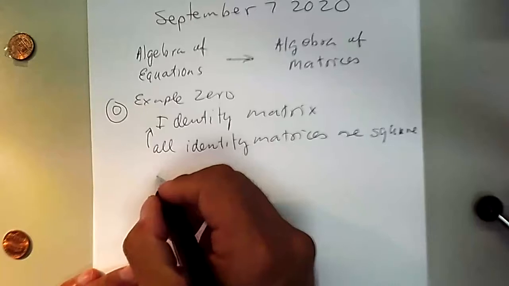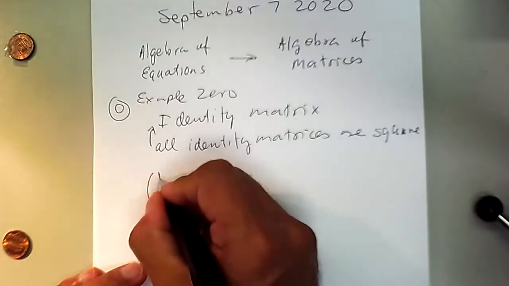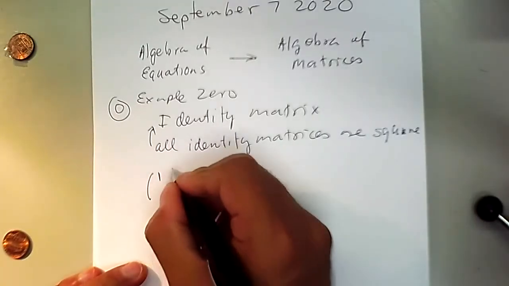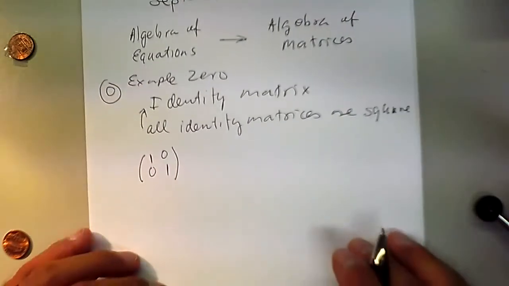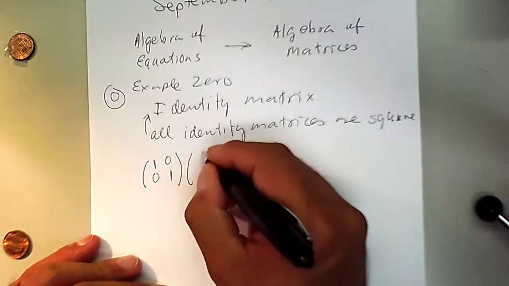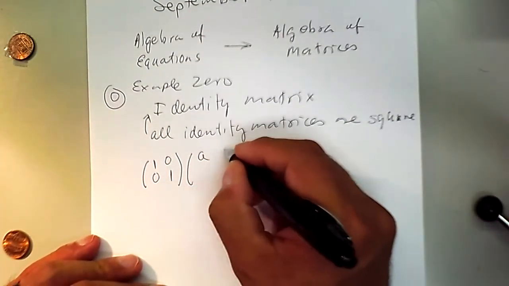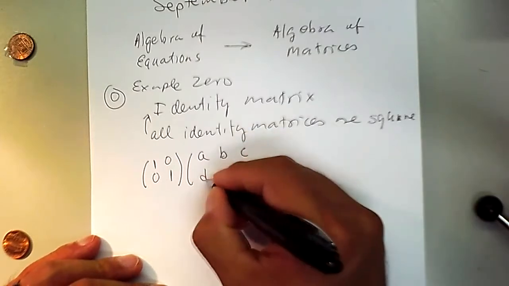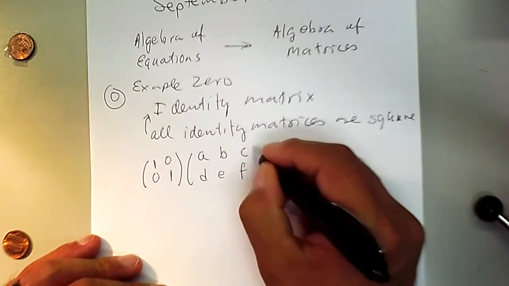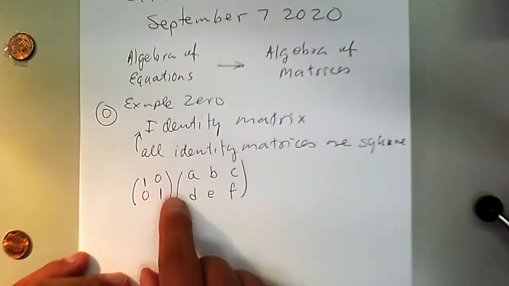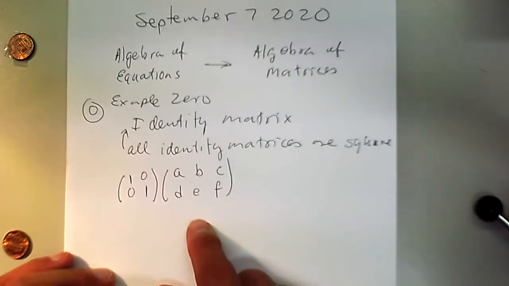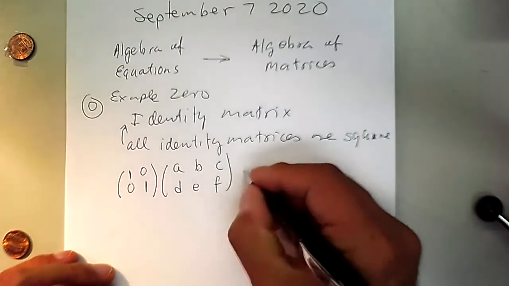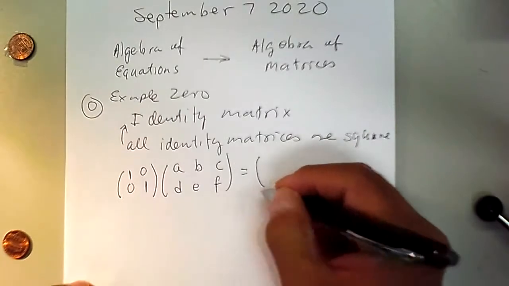All right. So the 2 by 2 identity matrix has ones on the main diagonal and 0 everywhere else. And what it does is that if you multiply with any matrix of any size, A, B, C, D, E, F, as long as it is a 2 by something, 2 by 1 or 2 by 2 or 2 by 3, we end up with the same matrix.